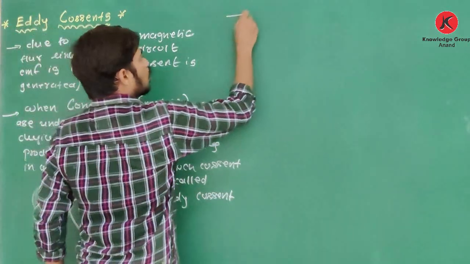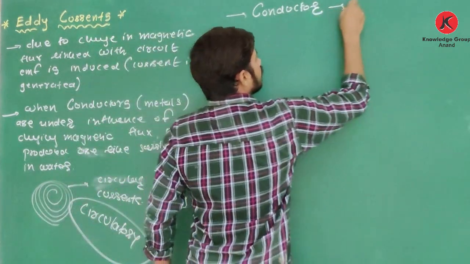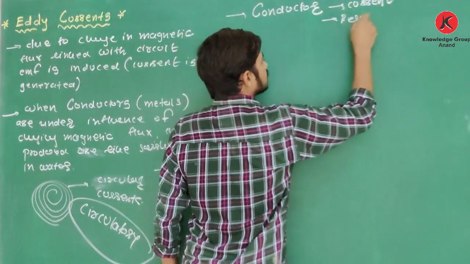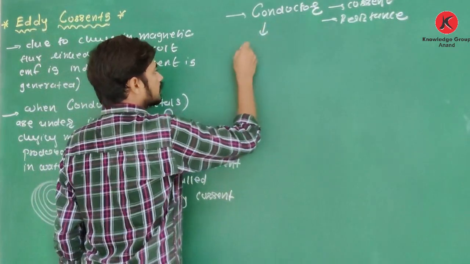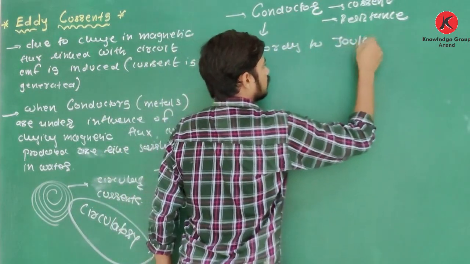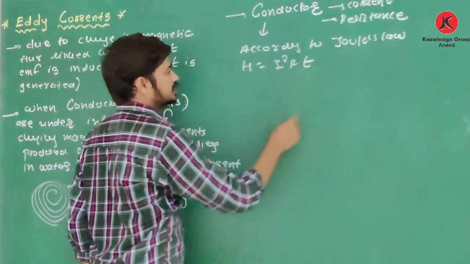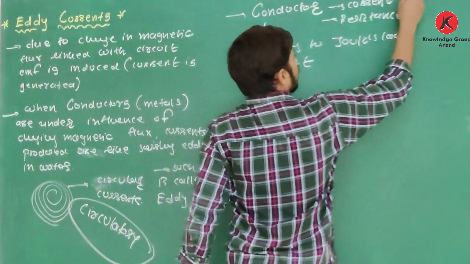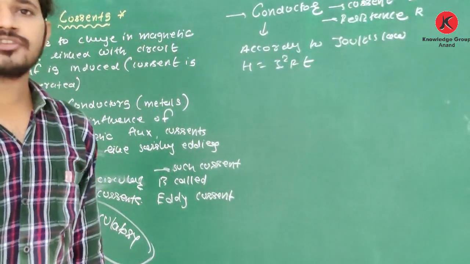Whenever current passes through a conductor, it also has some resistance. Yes or no? So in a conductor, if current flowing is I and resistance is R, then according to Joule's law, the heat energy produced is H equal to I square RT.